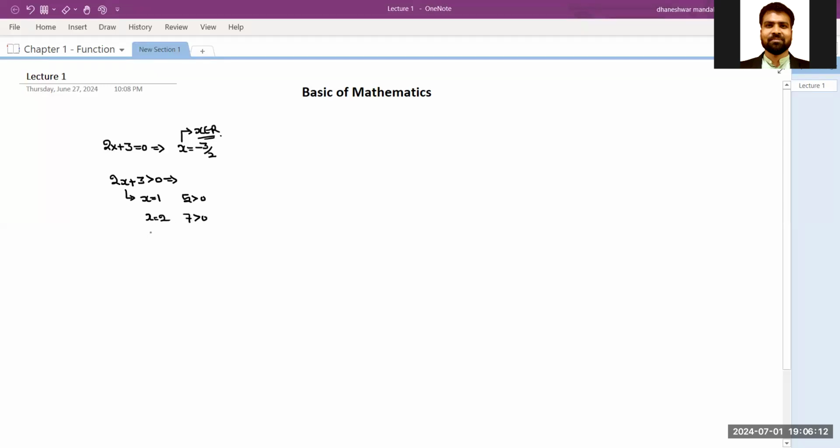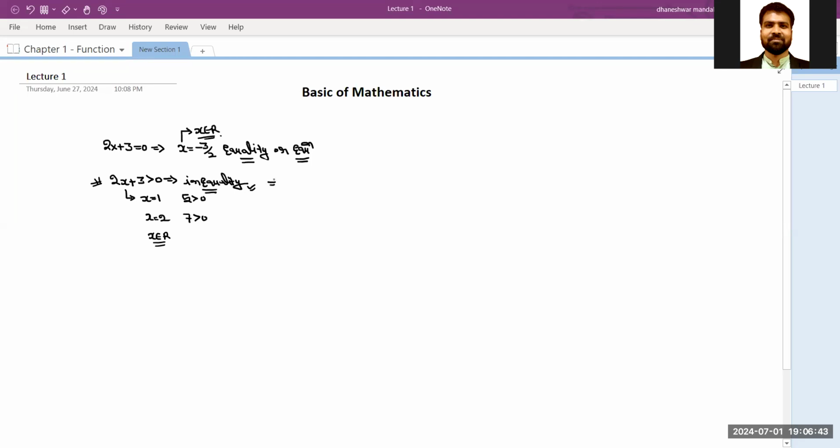It means lots of values of x satisfy this inequality. So here we have inequality and here we have equality or equations. In case of inequality, we have multiple solutions.